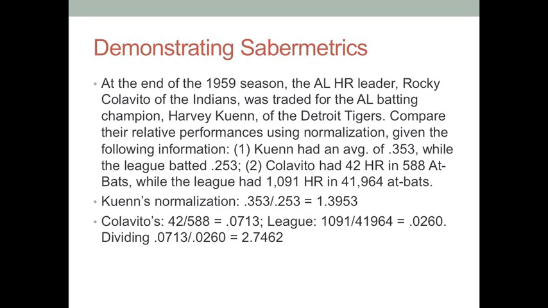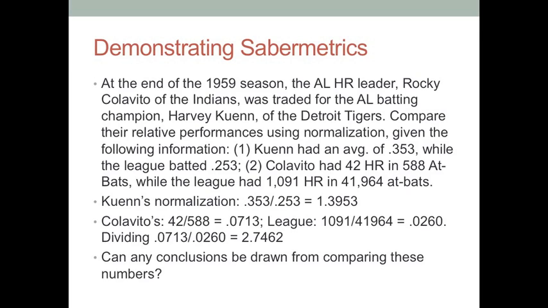Colavito's, first we have to figure out Colavito's home run to at-bat ratio. That's .0713. The league's ratio that season was .0260. You divide those two numbers to get 2.7462. Can any conclusions be drawn from comparing these two numbers?